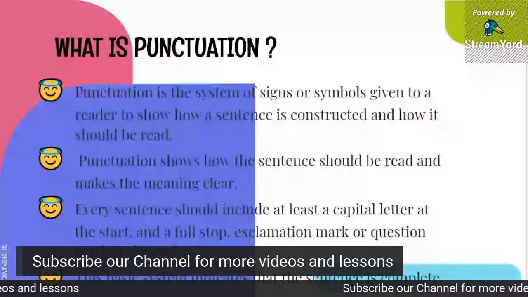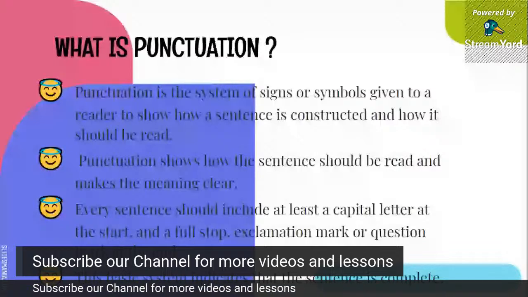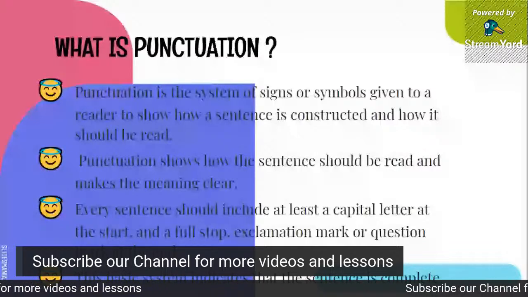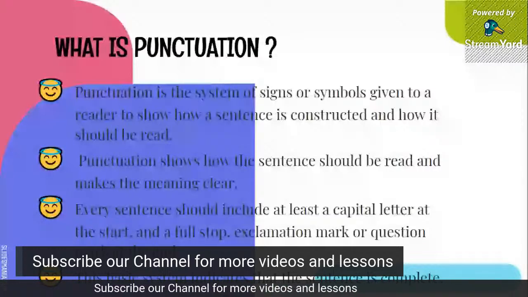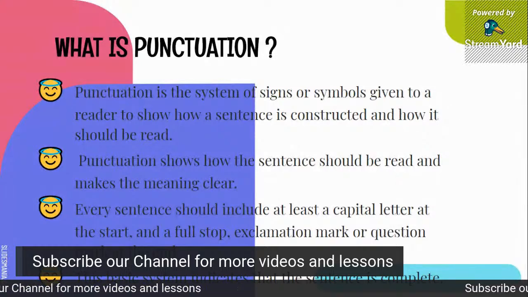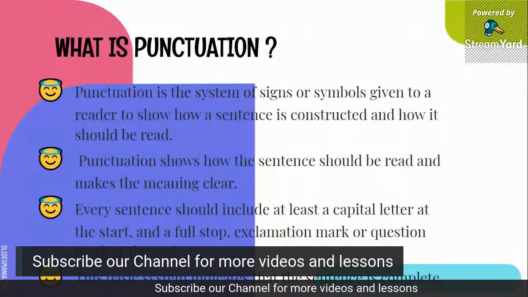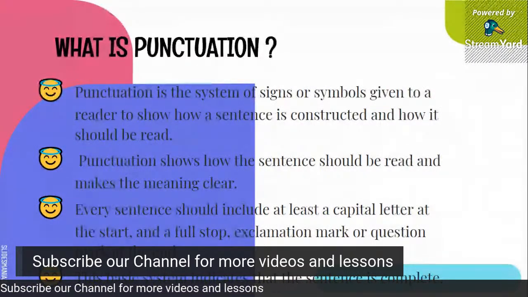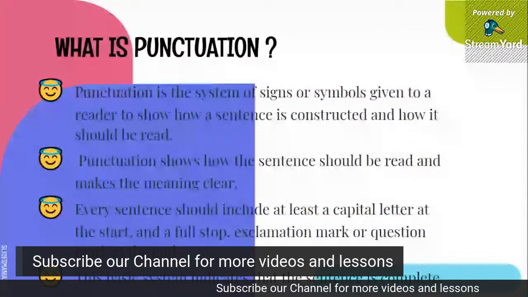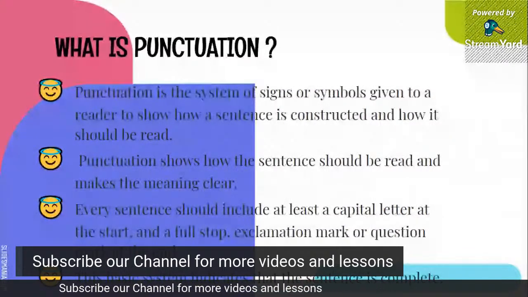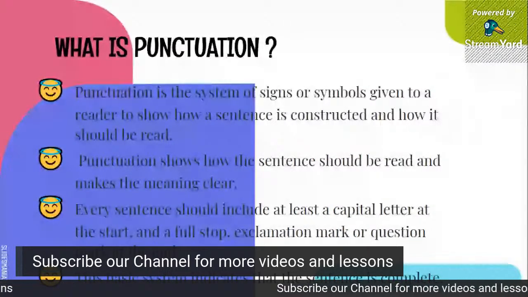So it means that when there is punctuation in your writing, for example in a paragraph, the reader would know where to stop, where to take a breath, and to have a better understanding of a sentence, yeah, because if it's a too lengthy sentence, we might get confused or we might have miscommunication, misunderstanding on the content of the sentence. But when there is punctuation, the meaning will be clearer.